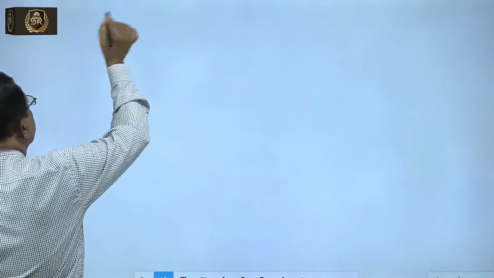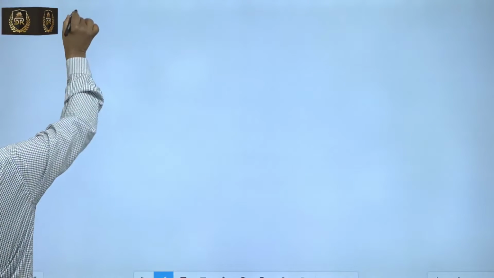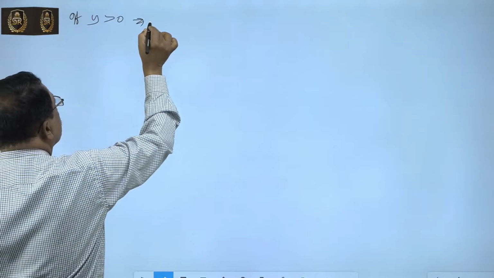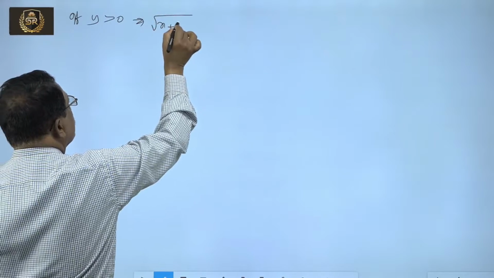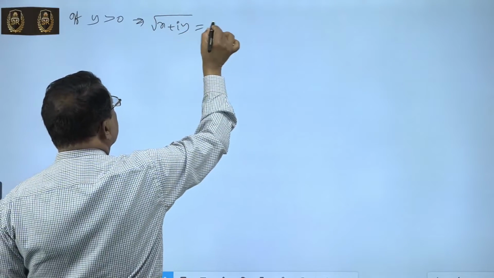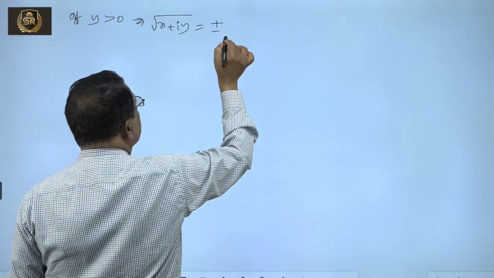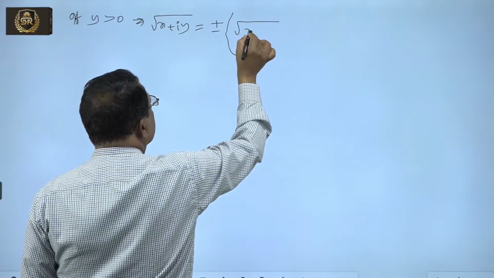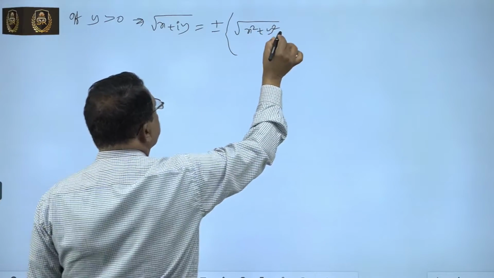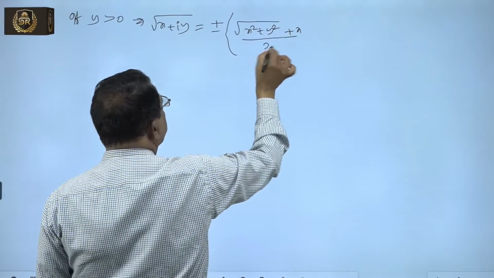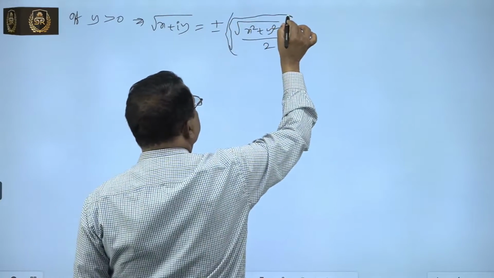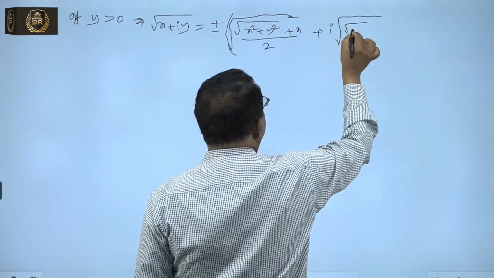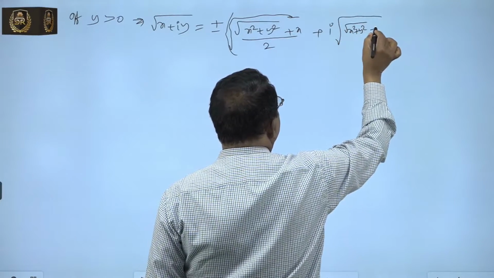Next, finally, if y greater than 0, this implies square root of x plus iy equals plus or minus square root of (square root of x square plus y square plus x) by 2, plus i into square root of (square root of x square plus y square minus x) by 2.